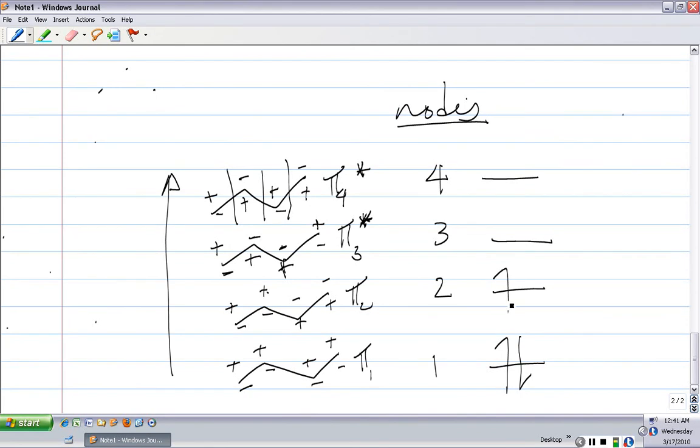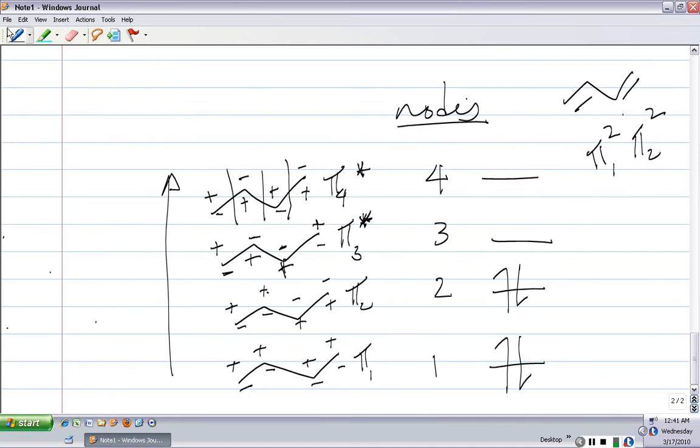Aufbau says the third goes into pi 2, and Pauli says the fourth goes into pi 2. So the electronic configuration of 1,3-butadiene is simply pi 1 squared, pi 2 squared.